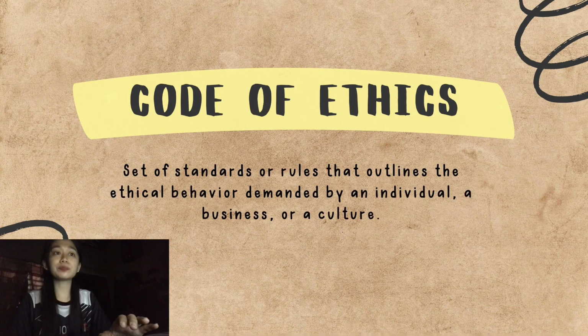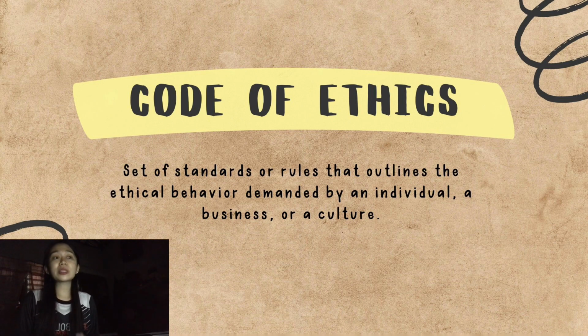So, ganon. Sa Code of Ethics naman, ibig sabihin nito, according to the book, a set of standards or rules that outlines the ethical behavior demanded by an individual, a business, or a culture. It is like a guide that tells people what is right and wrong.